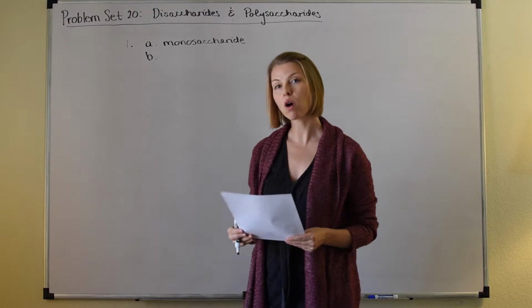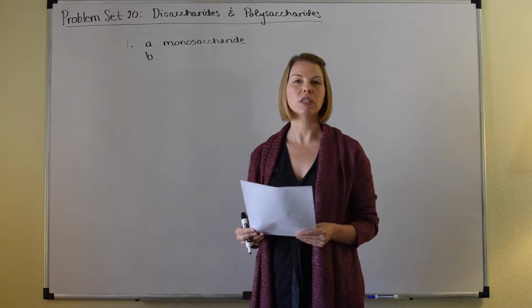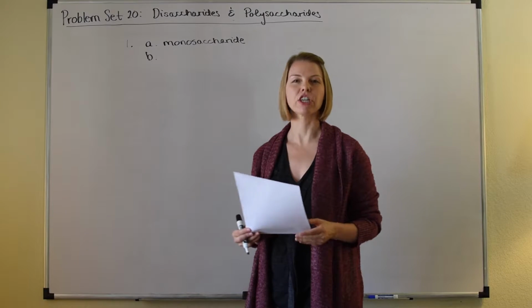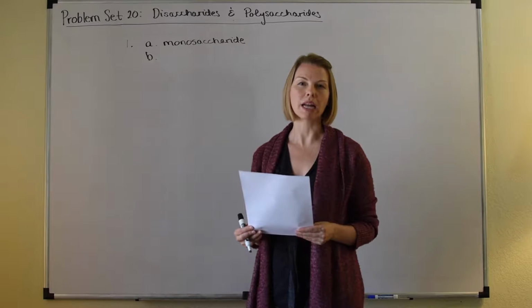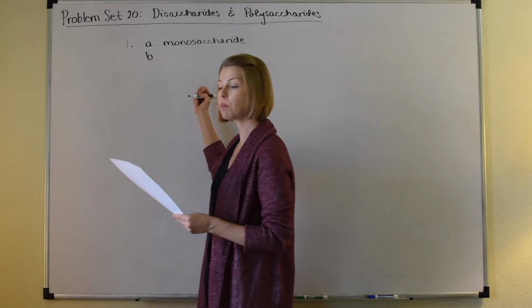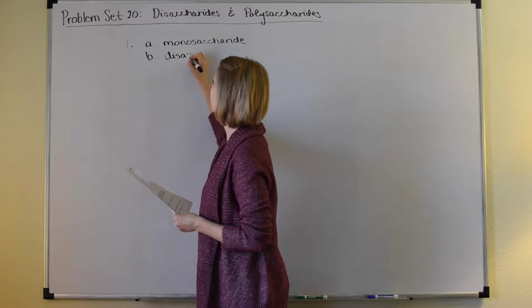B, sucrose. Sucrose is a disaccharide composed of D-glucose linked to D-fructose, and they're connected by an alpha-1 beta-2 glycosidic bond. So two monosaccharides linked together makes it a disaccharide.